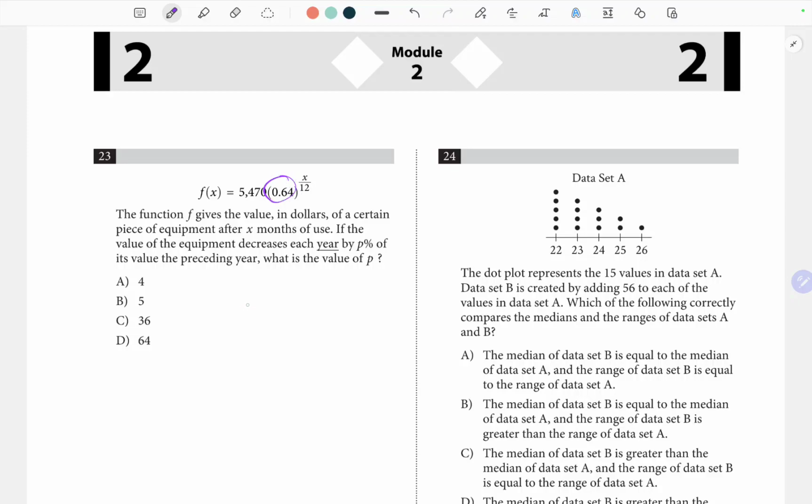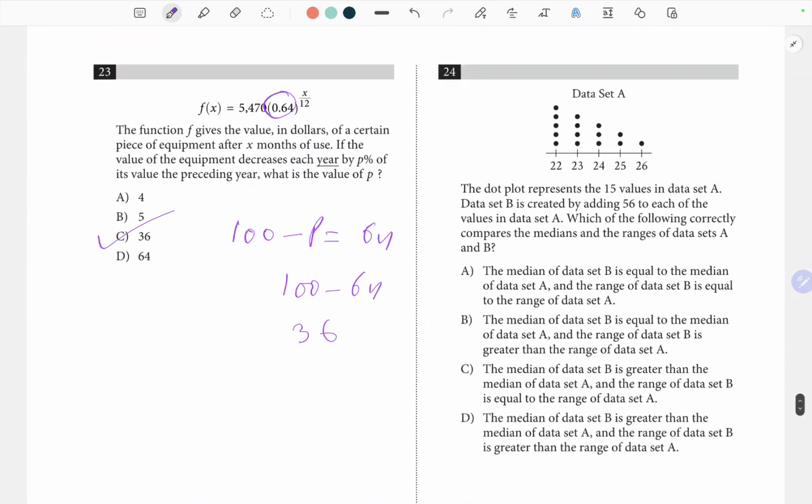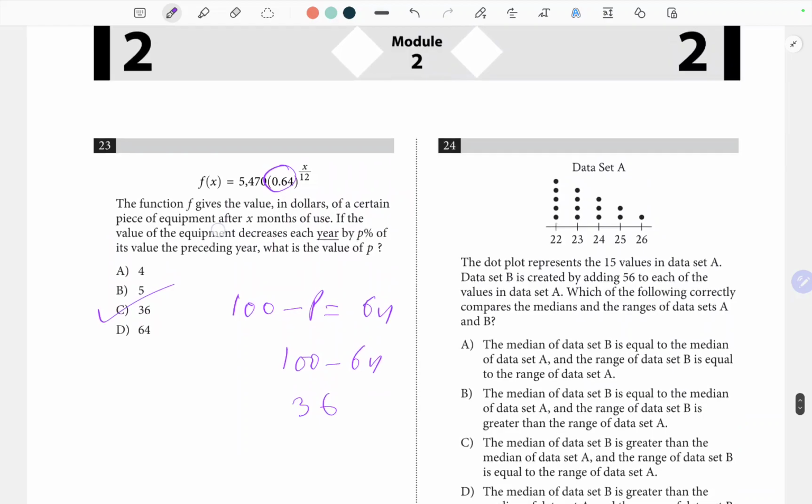So 100 minus some percent is this 64. So it will be 100 minus 64, which is 36. So 36%. Now 23, then 24.